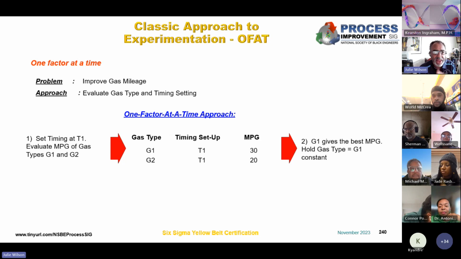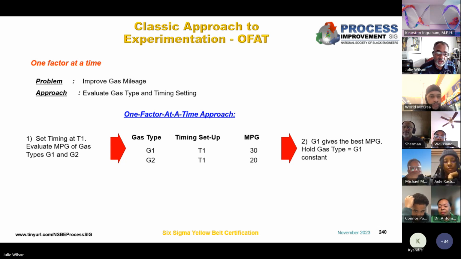So here's a classic approach to an experiment where you're looking at one factor at a time. You want to improve gas mileage, and you want to evaluate gas type and timing settings. So you have, say, 2 types of gas, gas 1 and gas 2, and you have 2 settings for your timing, T1 and T2. Initially you run a test with gas type 1 and timing setting 1, and you get 30 miles per gallon.